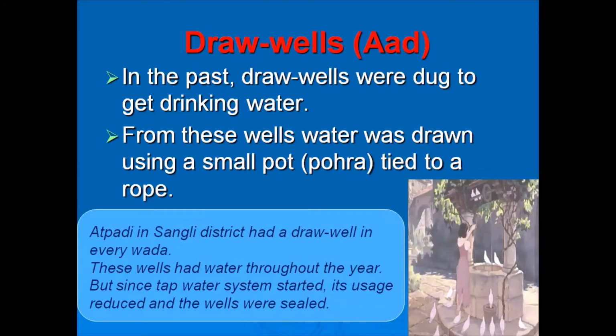These wells had water throughout the year. But since tap water system started, its usage reduced and the wells were sealed. In this picture, you can see a small well and a girl is drawing water from it. We'll go to the next slide.